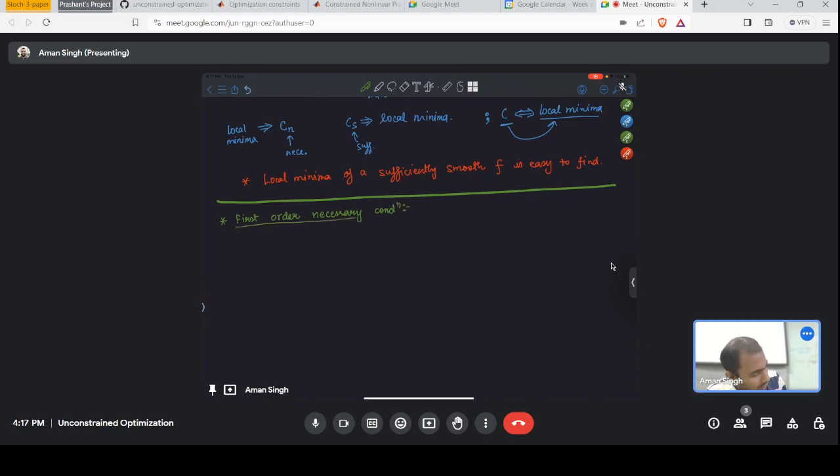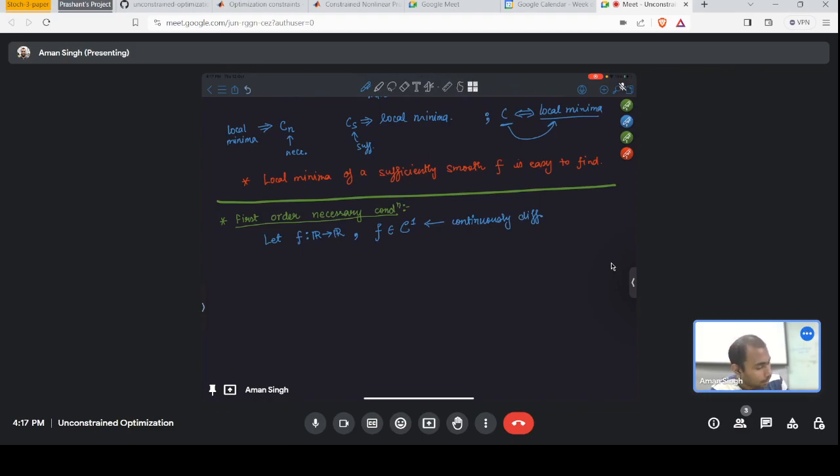Actually, all these conditions you already know. I'll just state it first and then I'll discuss. Let f be a function from R to R, a real valued function, and f belongs to C1, basically continuously differentiable functions. Basically, the first order derivative is continuous.